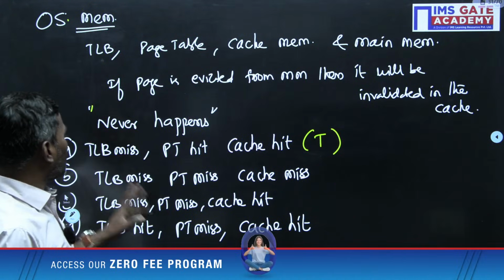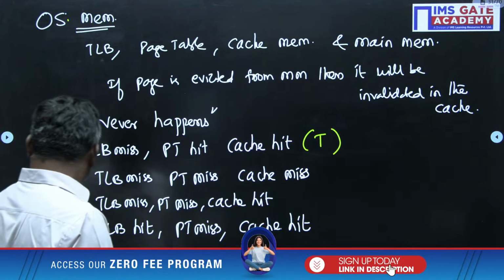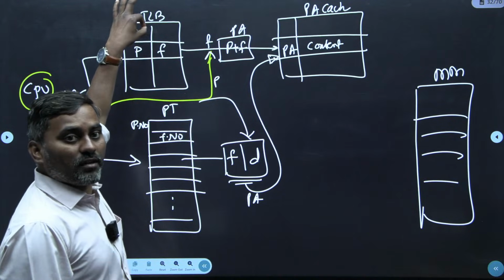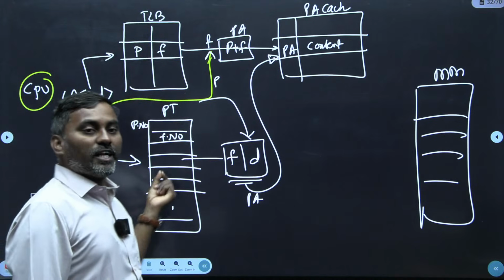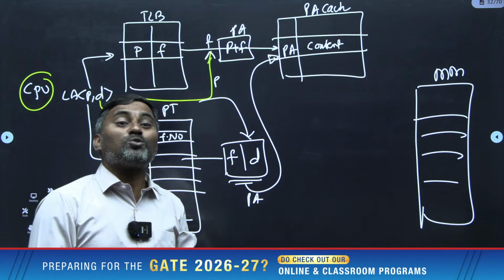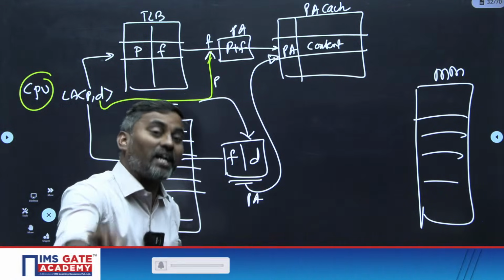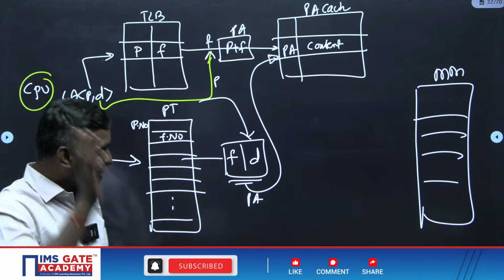Now, TLB miss occurs, page table miss occurs, cache miss is being asked. Suppose I am trying to search it here, the entry is not there, the page number is not present. The same page number I try searching in the page table, and that is also a miss. What does that mean? The page has not been brought from secondary memory to main memory. That we call a page fault.